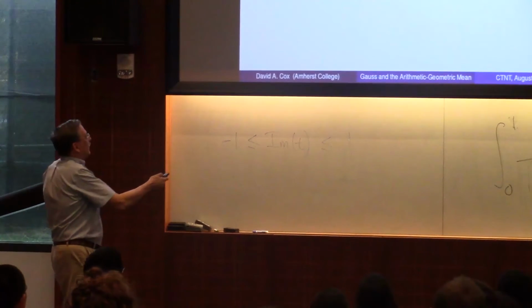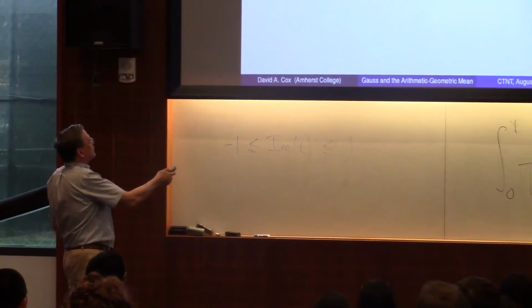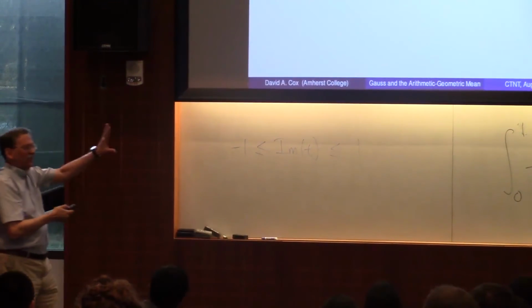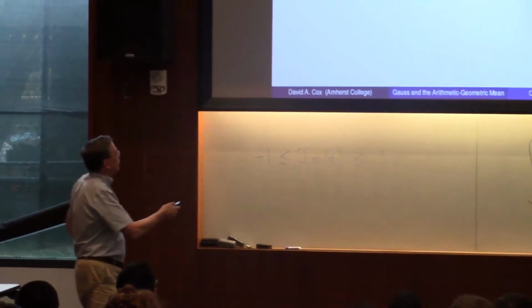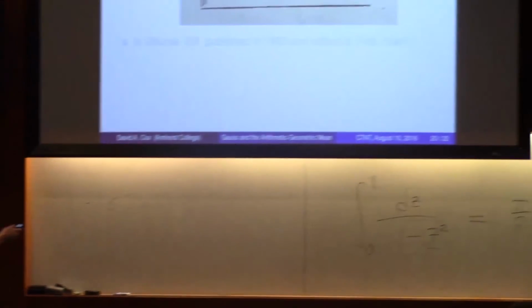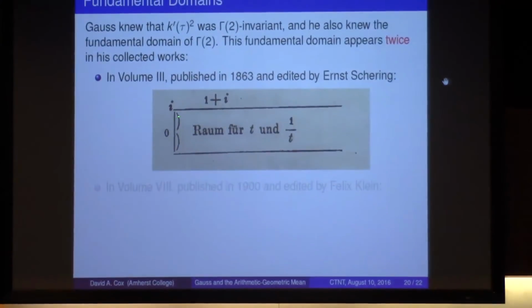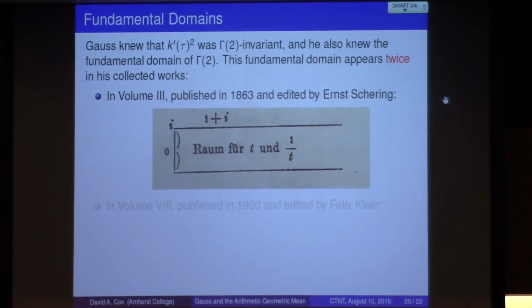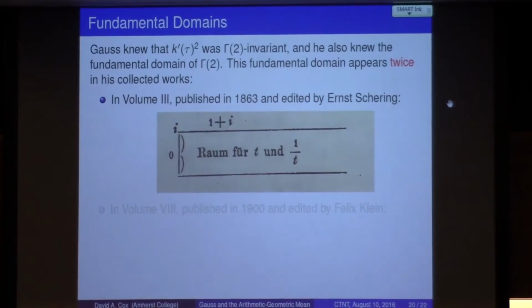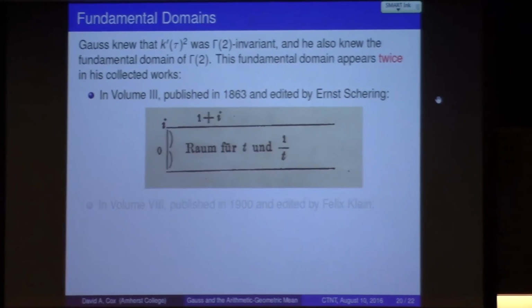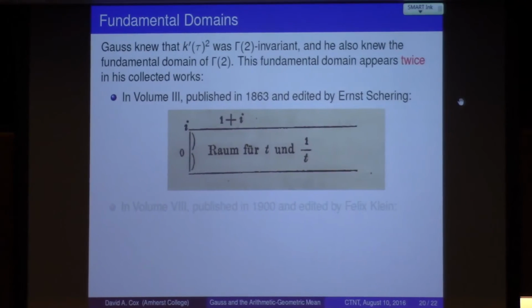It's possible there were people studying this who did know what a fundamental domain was, but this particular editor and the people working with him were clueless. So what should have been semicircles, they just put big parentheses, because they didn't really understand the math that Gauss had done 60 years before.